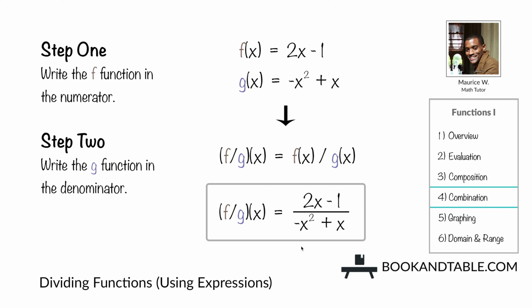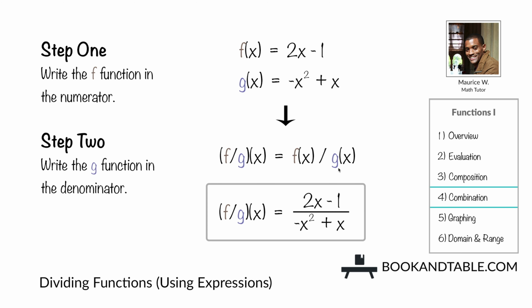So we see f divided by g of x is equal to 2x minus 1 divided by negative x squared plus x. So when dividing functions, the first function listed will be our numerator. The second function will be our denominator.